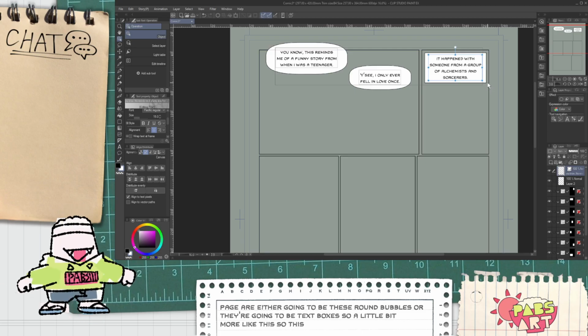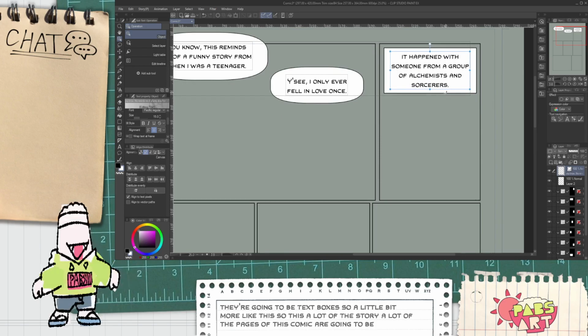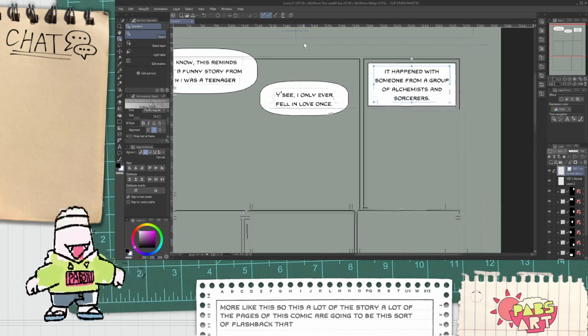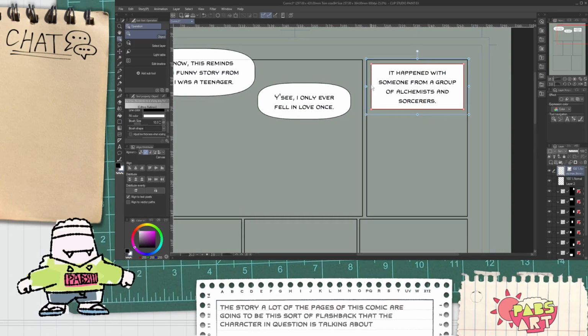A lot of the pages of this comic are going to be this sort of flashback that the character in question is talking about.